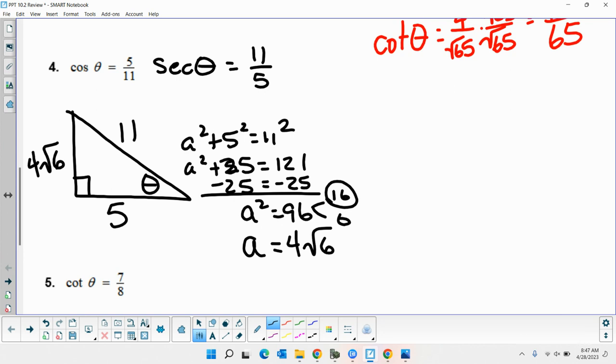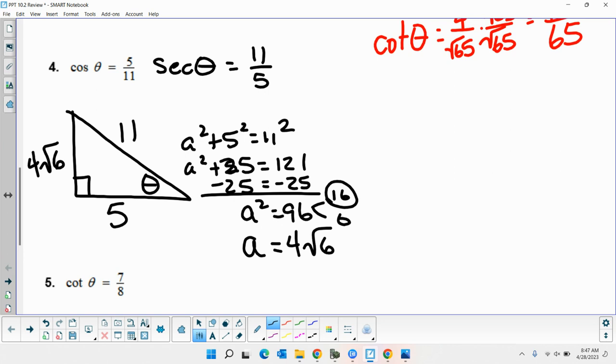Got to make it 4 radical 6. Again, you're not allowed to write a fraction with a decimal in it. For this 9.8 or whatever that is over 11, they don't go together. Okay?